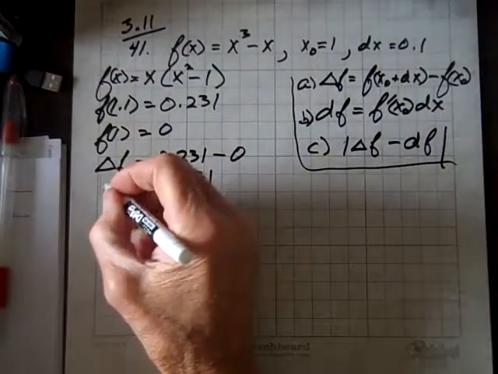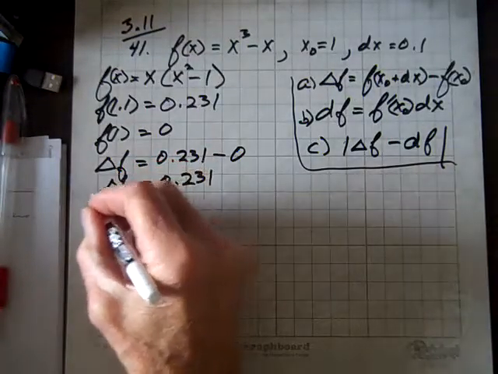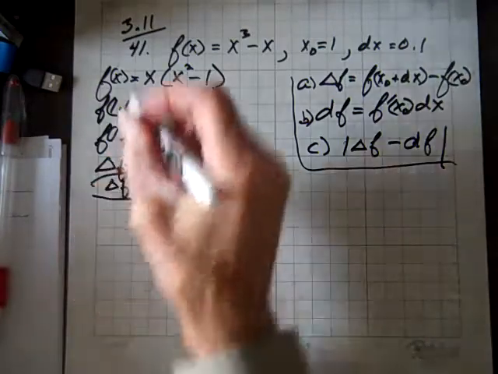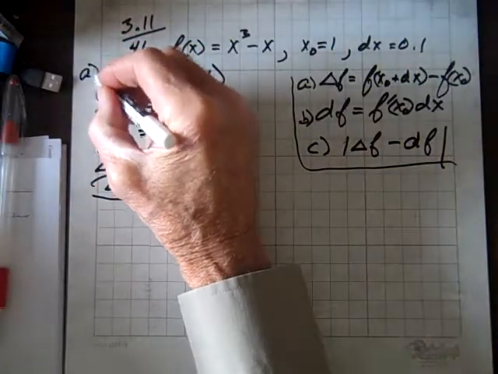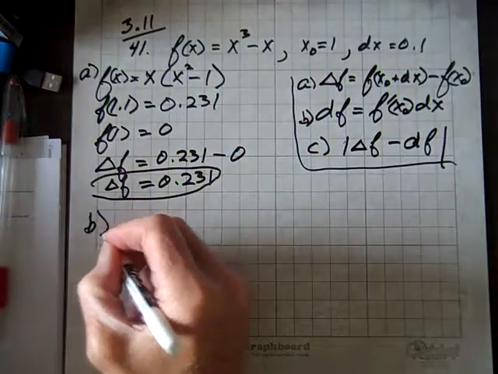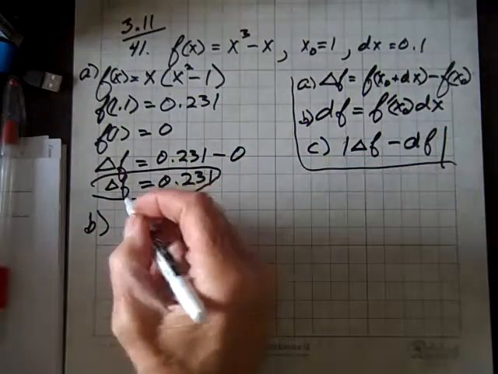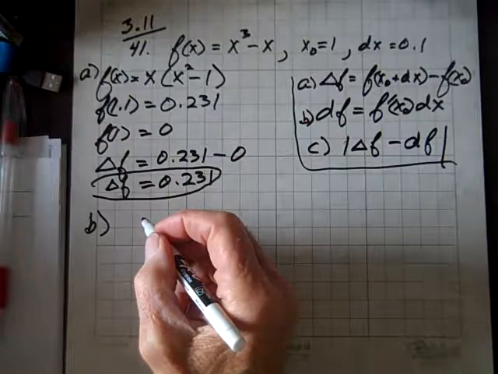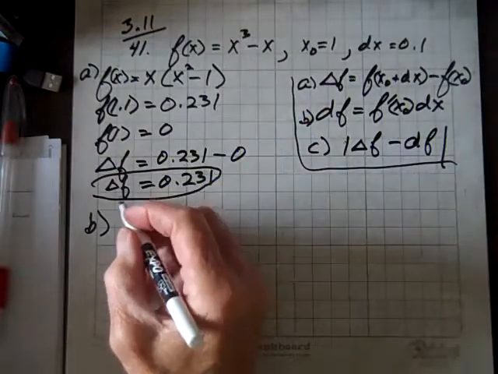So delta f equals this. Now let's do, this was a, by the way. Let's do b. And for b, we have to find df. Well, the first thing we have to find is the derivative of this.